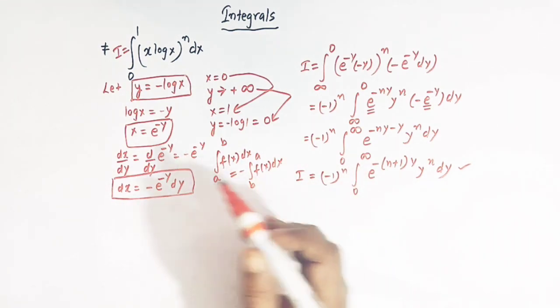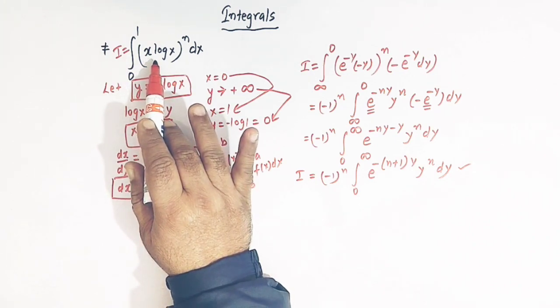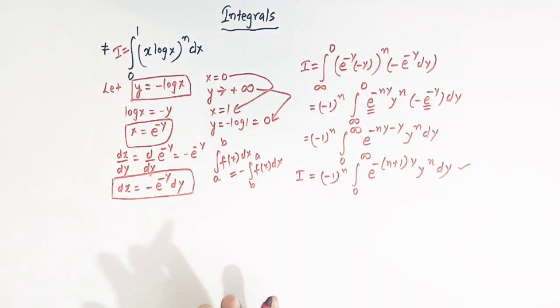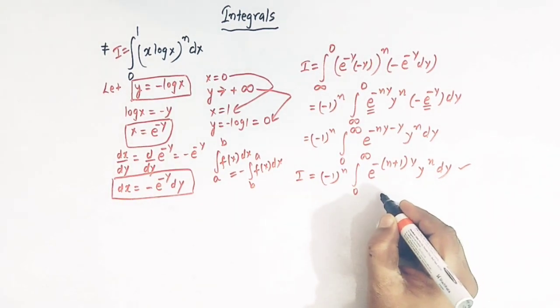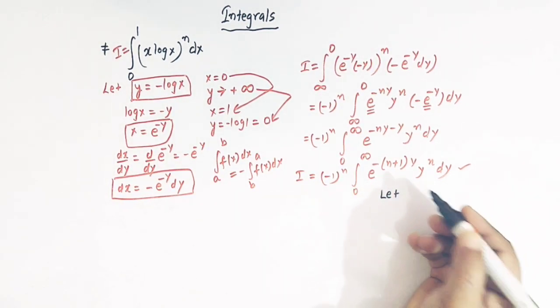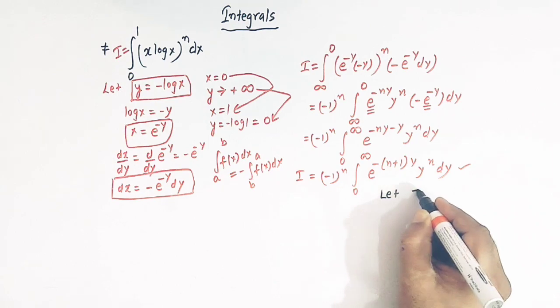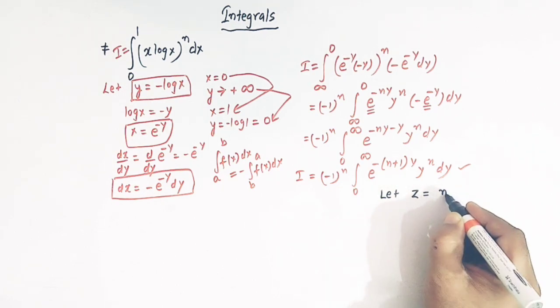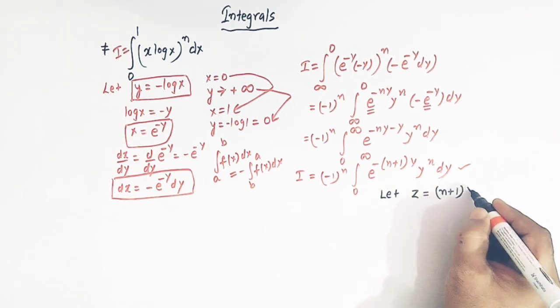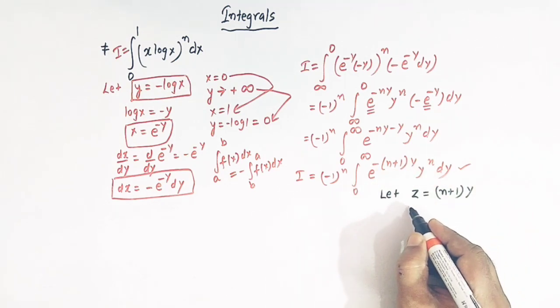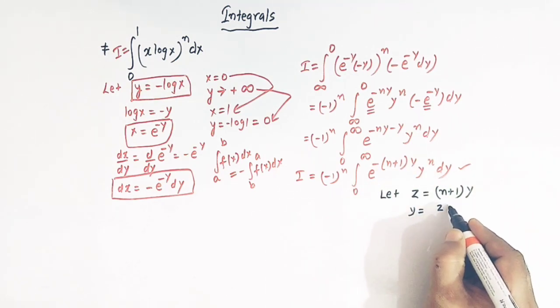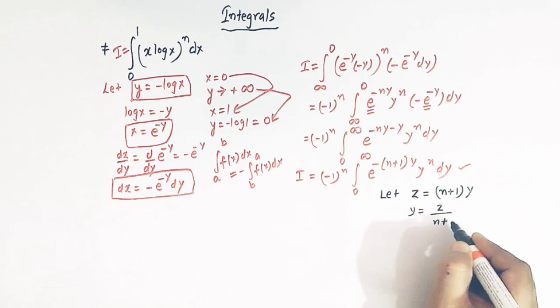It implies that we have to solve this integral by making use of the method of substitution twice. So now let us take another substitution. Say z is equal to n plus 1 times y. So y is now z divided by n plus 1.